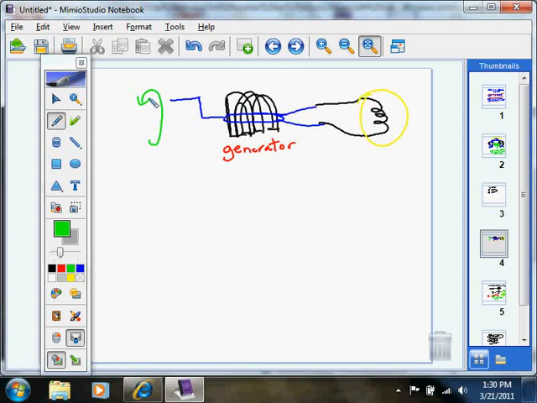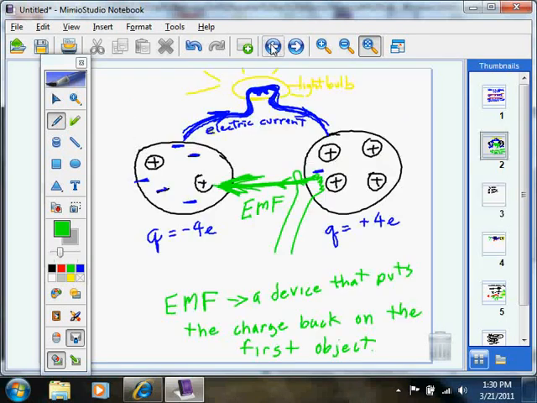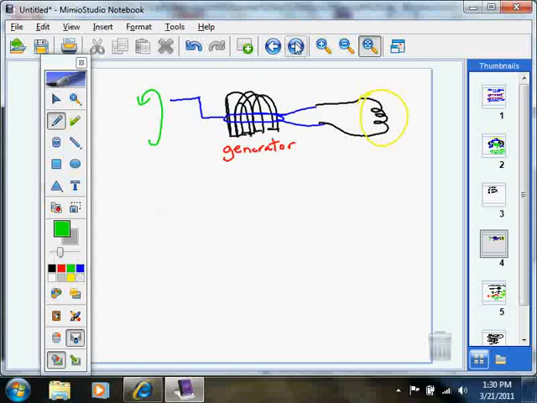And again, keep in mind, folks, when I say EMF, you should be thinking of this diagram here, where the electrons are being put back on the negative terminal just as fast as they're coming across that top wire. Now, all of the electricity that we get from wall outlets is produced by magnetic generators.